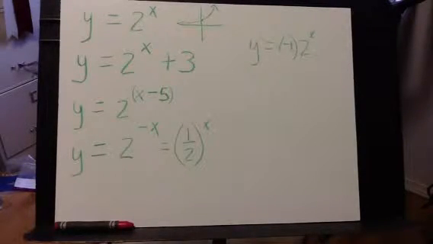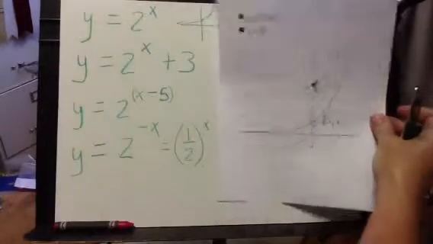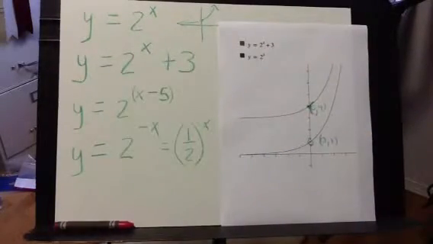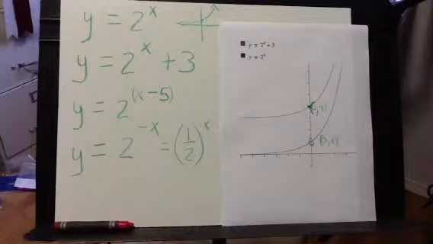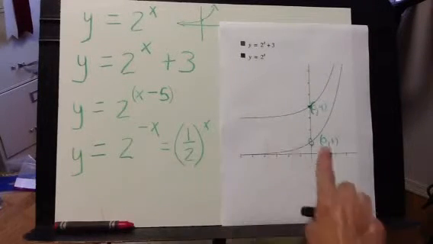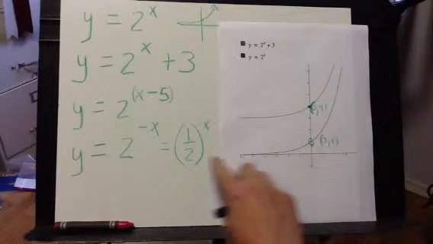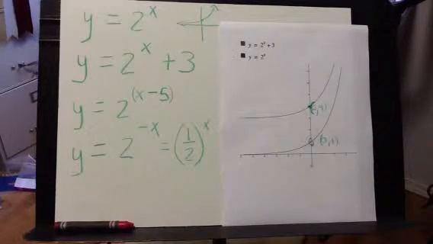Let's talk about the domain and range of each one of these functions. So let's go back to that very first function, this one right here. Notice that for an exponential function, the variable is the exponent, and I said earlier that an exponent can be anything at all. It can be positive, it can be negative, it can be rational, it can be irrational.